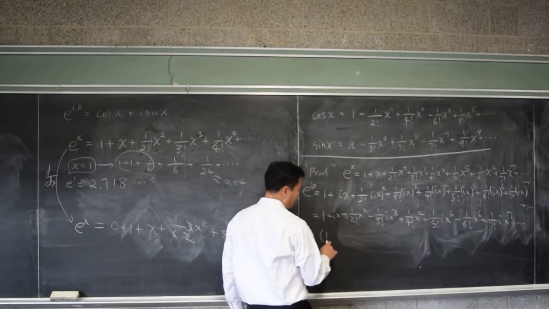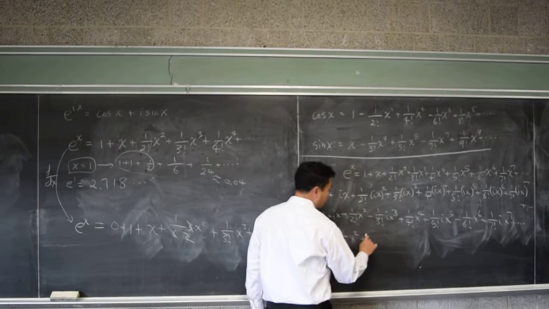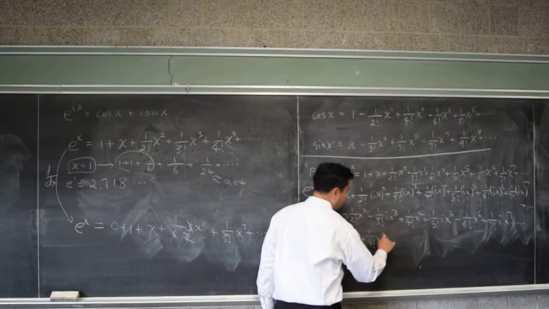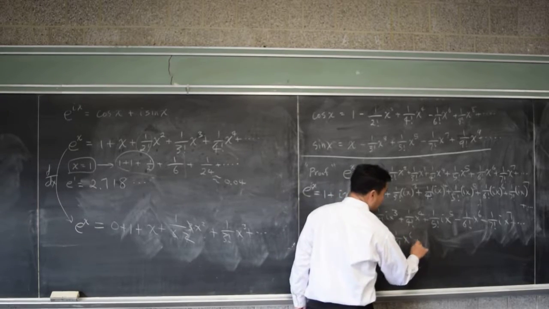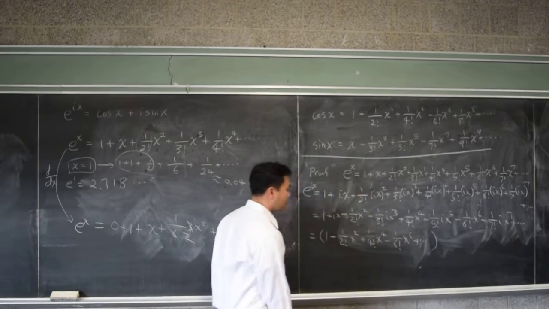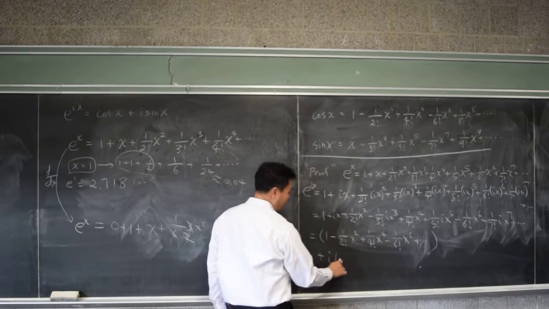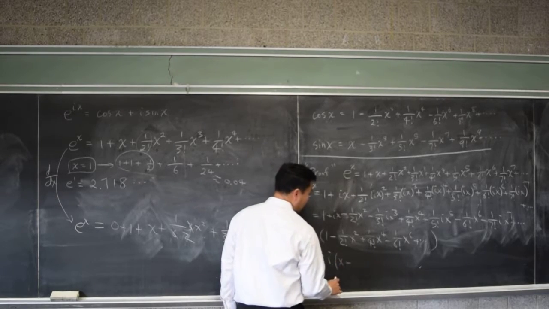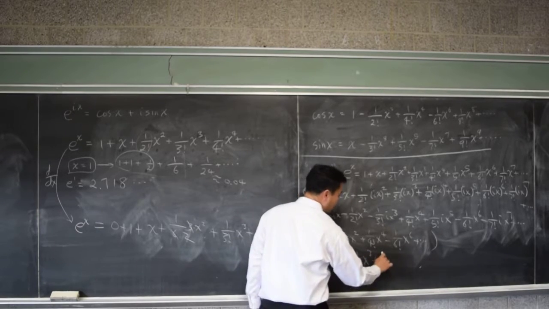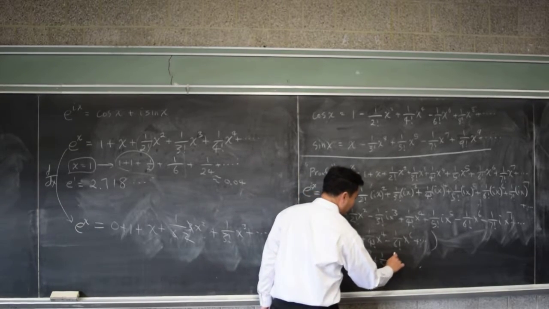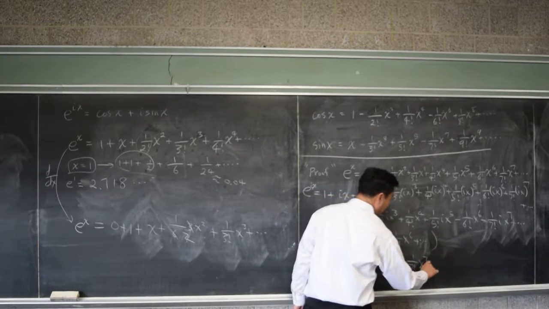So let's see, 1 minus 1 over 2 factorial x squared plus 1 over 4 factorial x to the 4 minus 1 over 6 factorial x to the 6th, plus i times what? The ones that have i are x minus 1 over 3 factorial x to the 3rd plus 1 over 5 factorial x to the 5th minus 1 over 7 factorial x to the 7th plus.